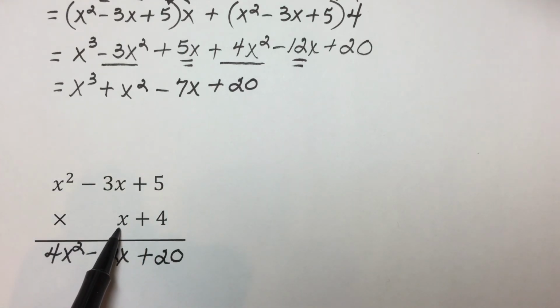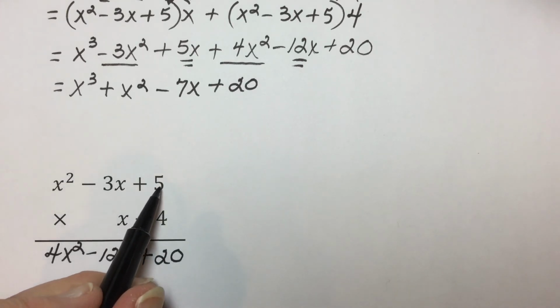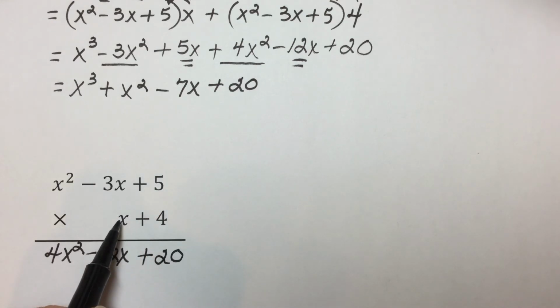Now we'll shift to the next term in this polynomial, x, and do the same. X times 5 is 5x, and for ease of combining our like terms, I'll put that term under the similar term that was generated from the first multiplication. So again, x times 5 is 5x, positive, placing it under the like term.